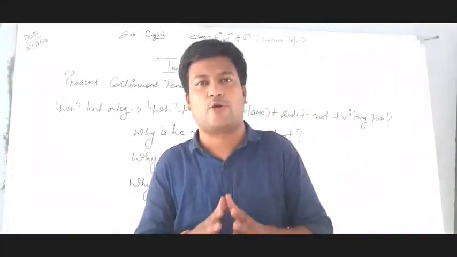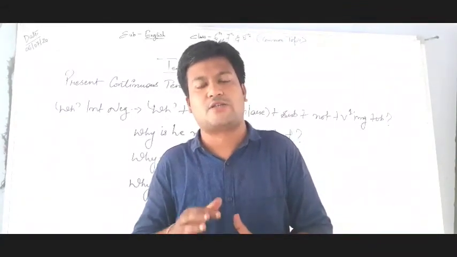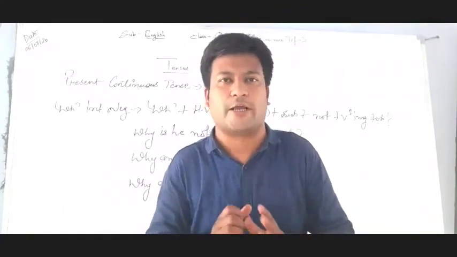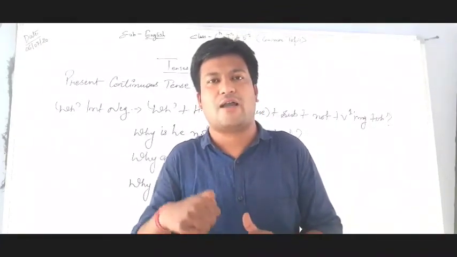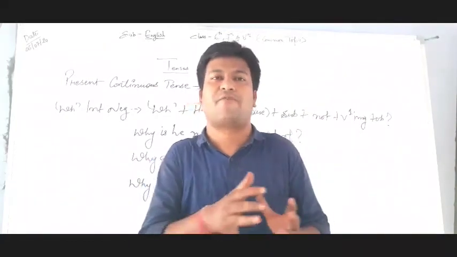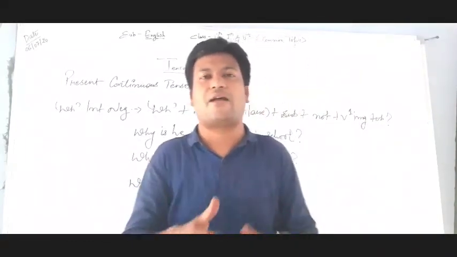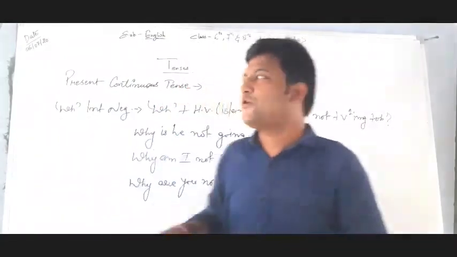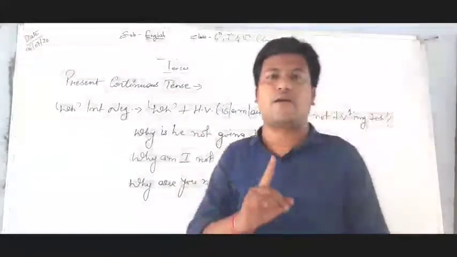12 I have taught you today. I am not going to proceed with the class because I believe 12 is sufficient for you today. Tomorrow again I am going to teach you 12 more formulas, which will be of present perfect tense plus present perfect continuous tense. Till then, what is your homework? You have to note all these formulas in your English notebook.